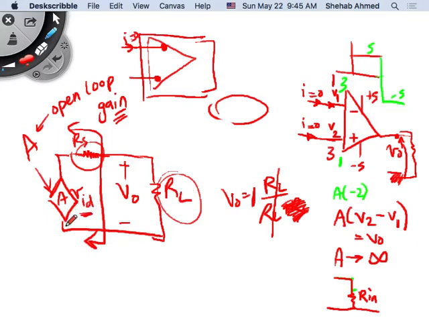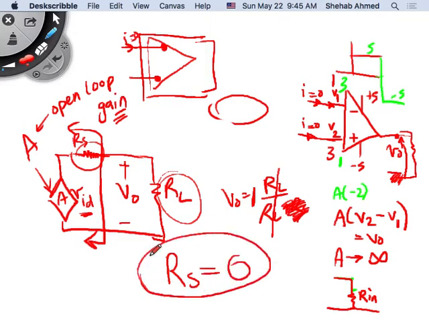So what does this mean for the ideal amplifier? The ideal op-amp has the output impedance ideally equal to 0, right? So three characteristics of the op-amp now.